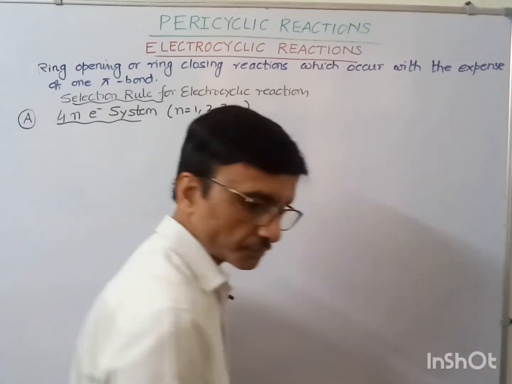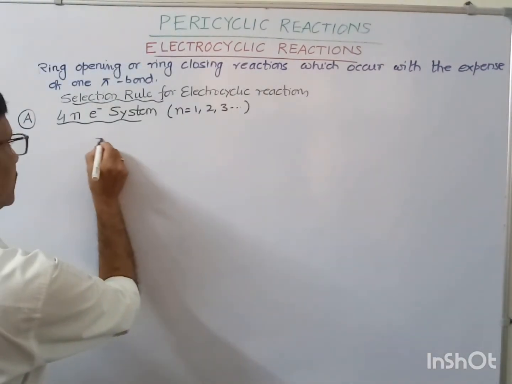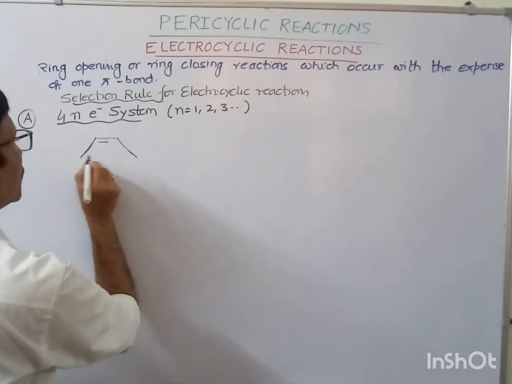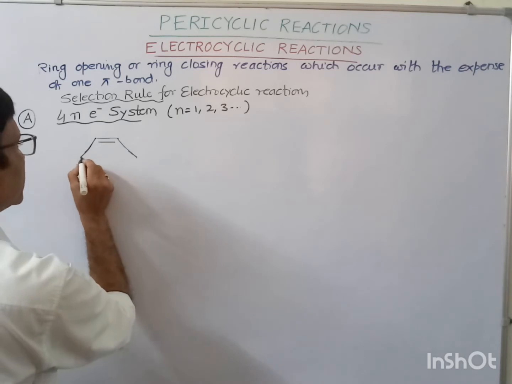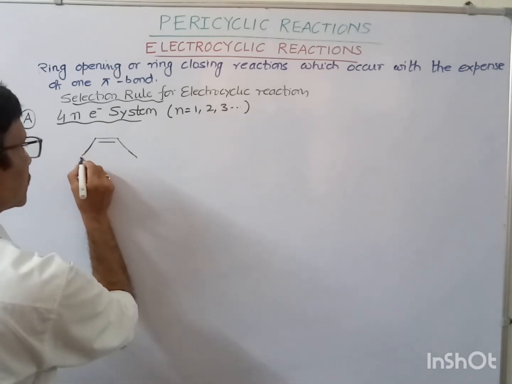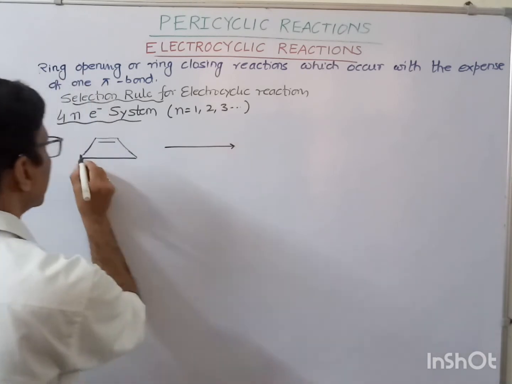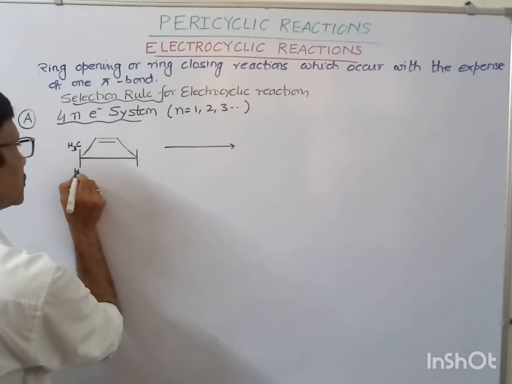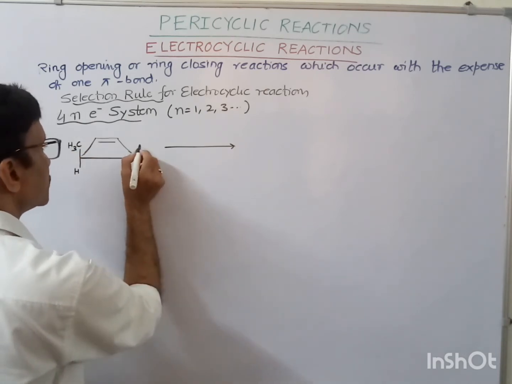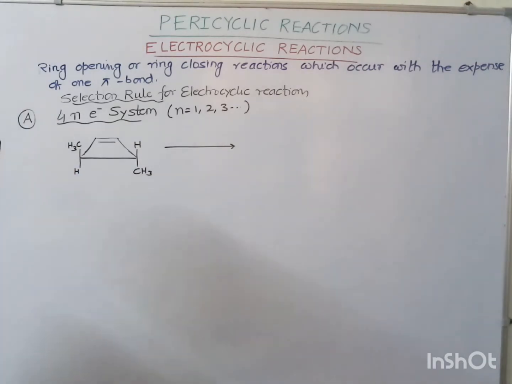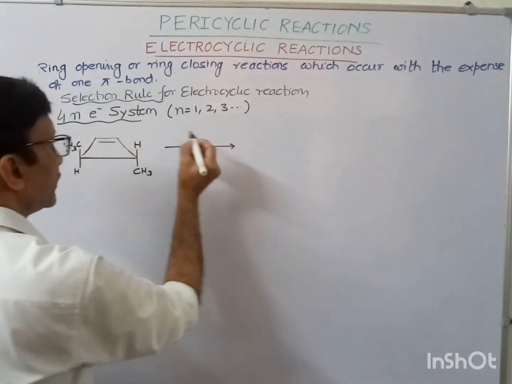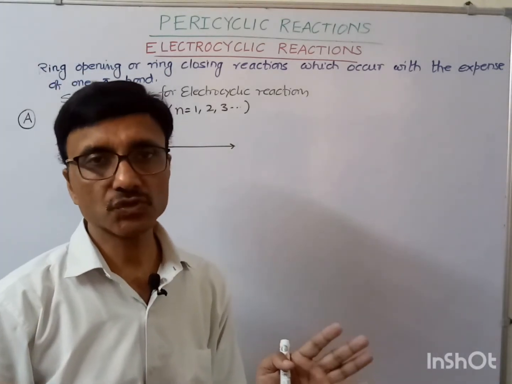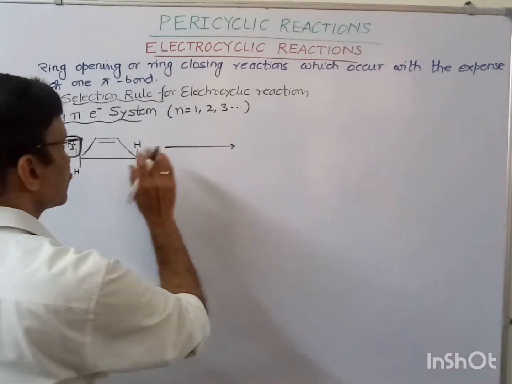Now for example, if we have butadiene, when cyclobutene converts into butadiene, or I should take a substituted cyclobutene. If this is methyl, this is our hydrogen. In this case, the pericyclic reaction occurs in the presence of heat or light.